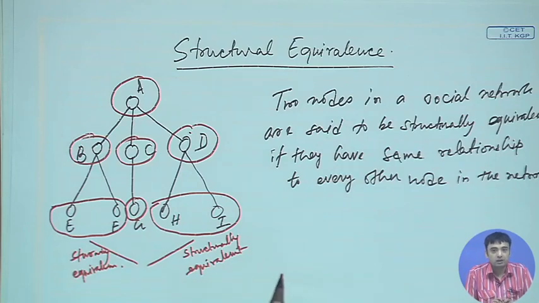All the other nodes individually define their own structural equivalence classes; they are not structurally equivalent to any other node. Okay. So, this is the idea of structural equivalence. In the next lecture, we will see how to quantify the notion of structural equivalence.